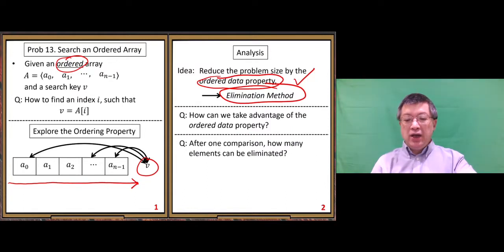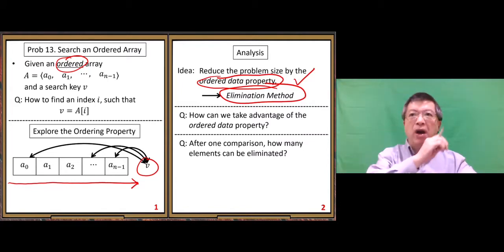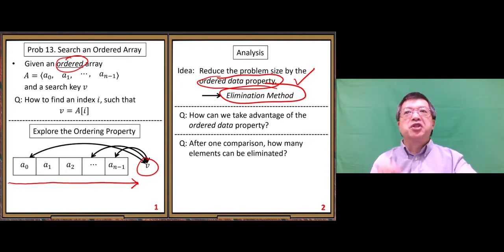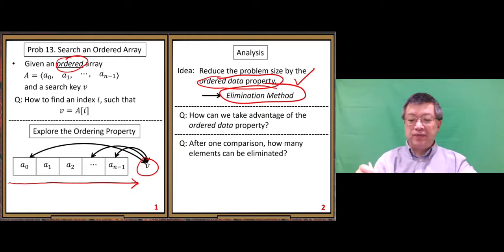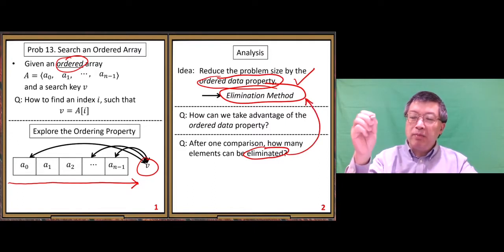More specifically, the question we ask this way: after one comparison, how many elements can be eliminated? Here you can see we use this word, eliminated. That's related to the elimination method.